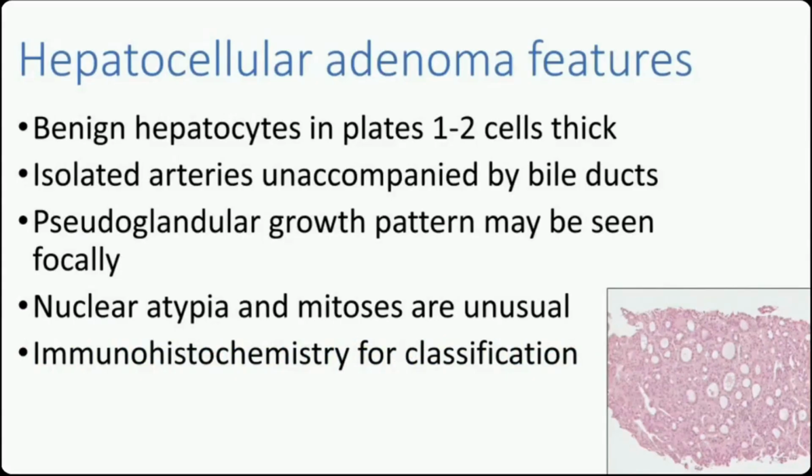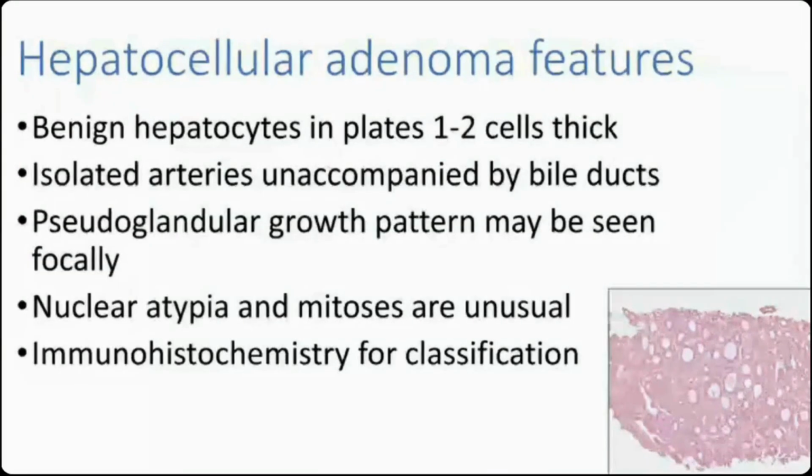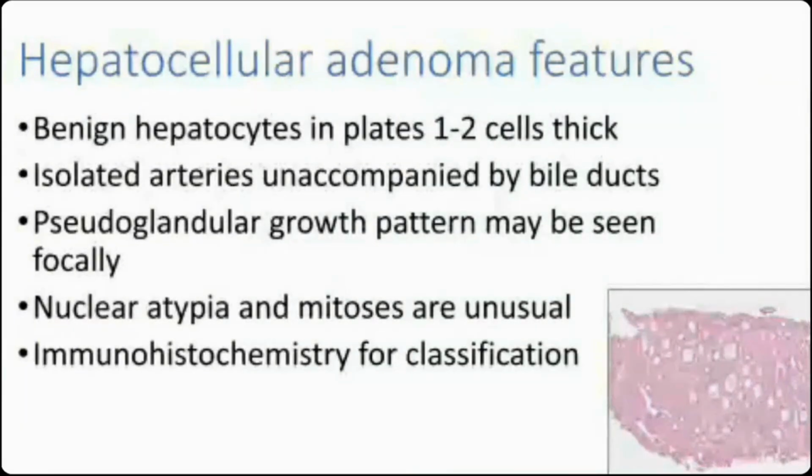So hepatocellular adenomas are benign tumours of hepatocytes. They can produce bile, as can hepatocellular carcinomas. As I mentioned before, you look for these unaccompanied arterioles to know you're actually in the lesion. And for those of you who see targeted liver biopsies routinely, you will know that some cases can be very subtle and very difficult to know you've actually got the lesion.